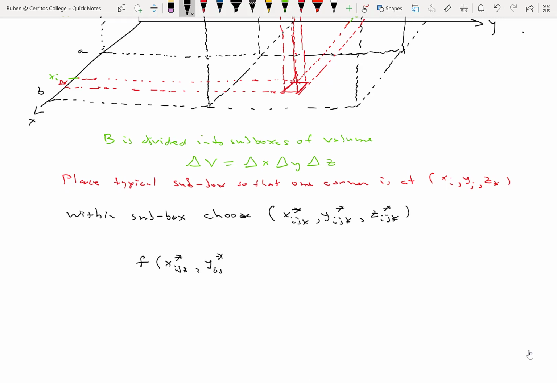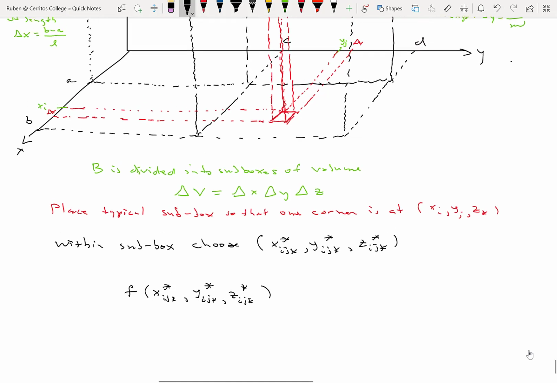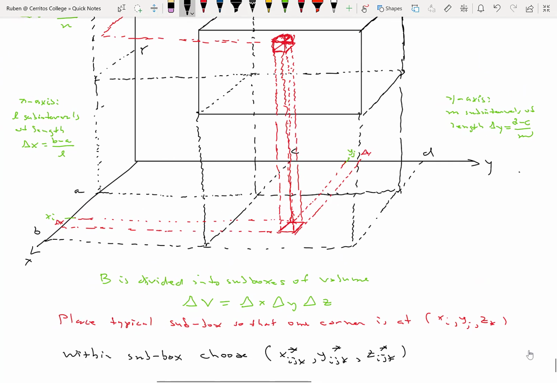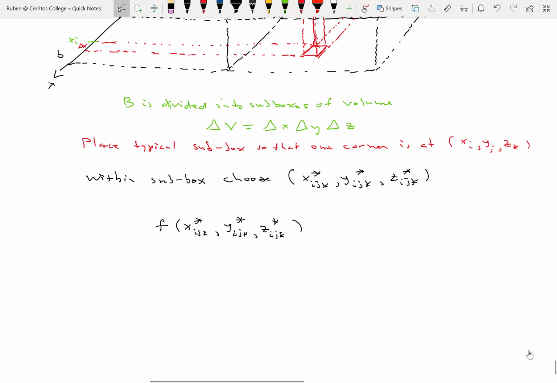I'm going to do the same thing and evaluate my function at x sub ijk star, y sub ijk star, z sub ijk star. That's just the value of this function of 3 variables at an arbitrary point somewhere in that typical little red sub-box in the big box.